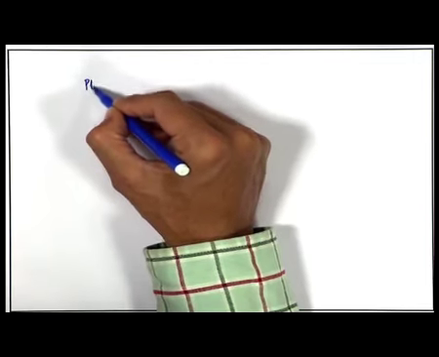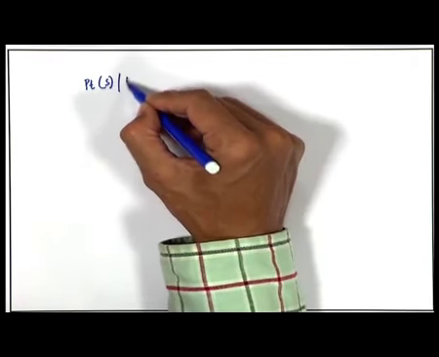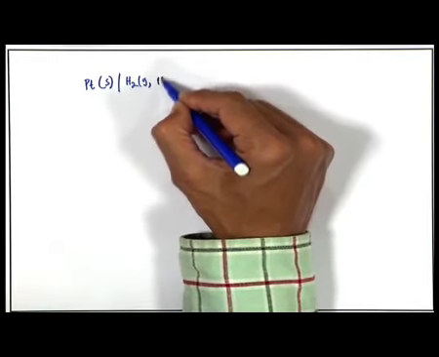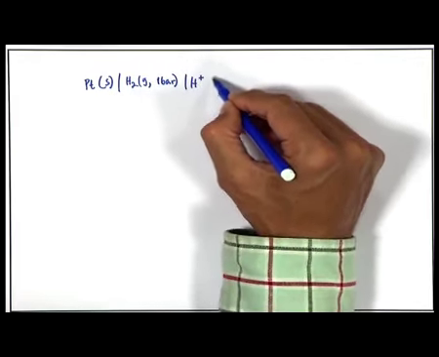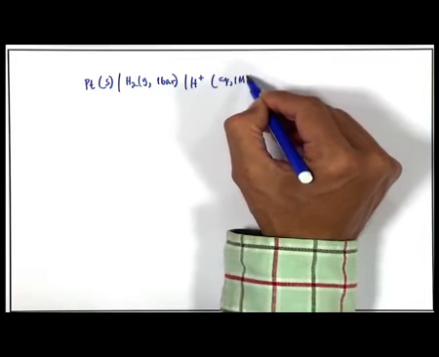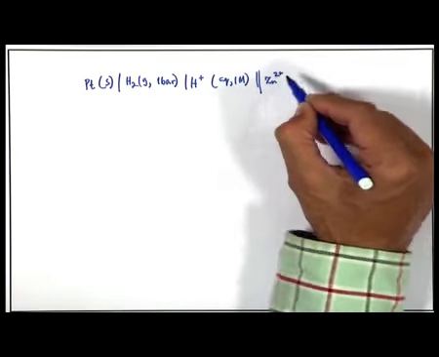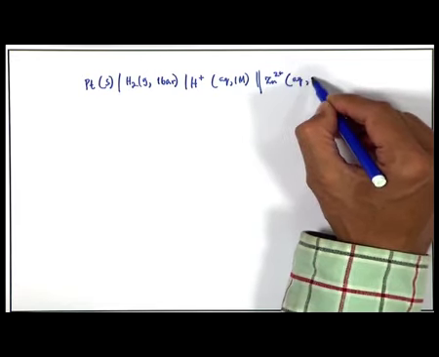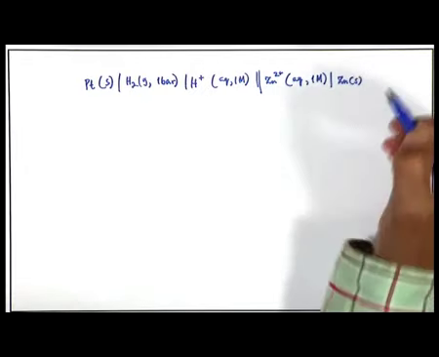The prescription is the same, that you construct a cell: platinum solid, you couple with hydrogen electrode, H2 gas, then 1 bar pressure, then H plus aqueous 1 molar, then zinc 2 plus aqueous maybe 1 molar, then zinc solid.